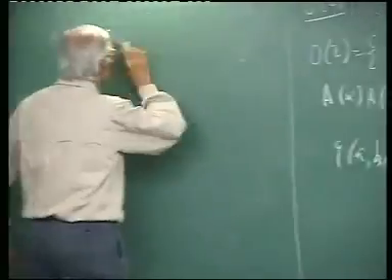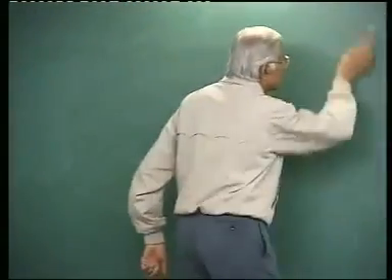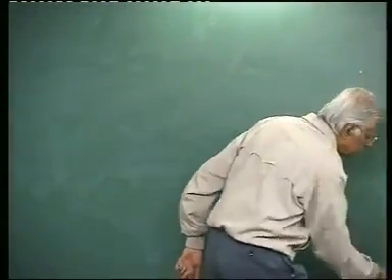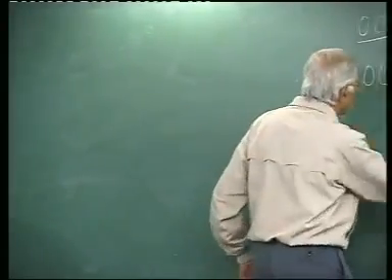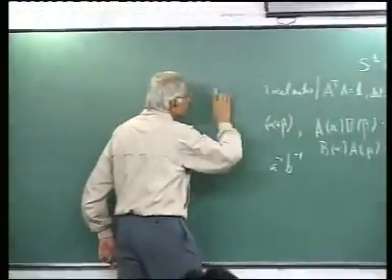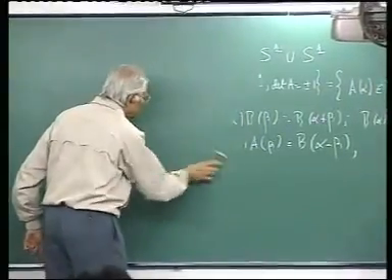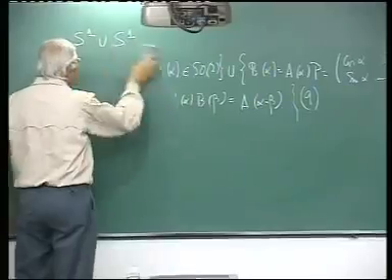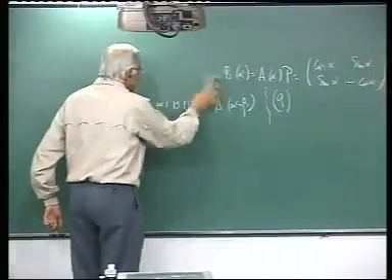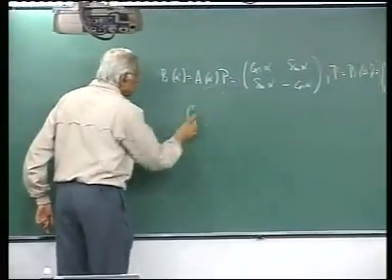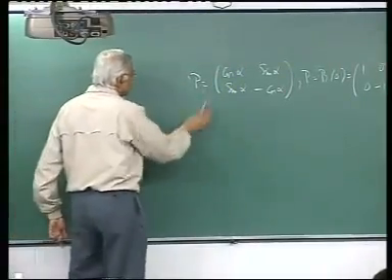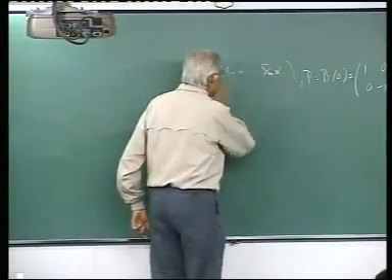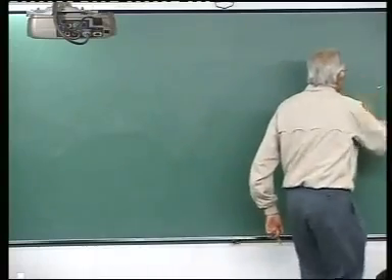So the reason why this O2 group compared to SO2 has some of these unexpected features, you might say, is the following. The transformation in the plane, x going to minus x, y going to minus y, is reflection through the origin in the plane. That is true.